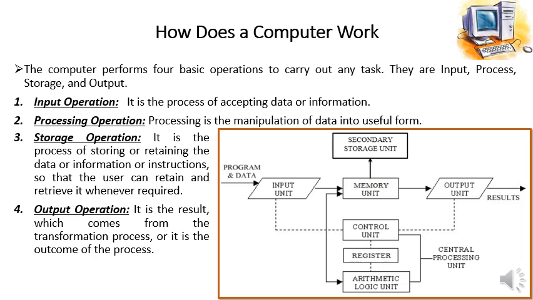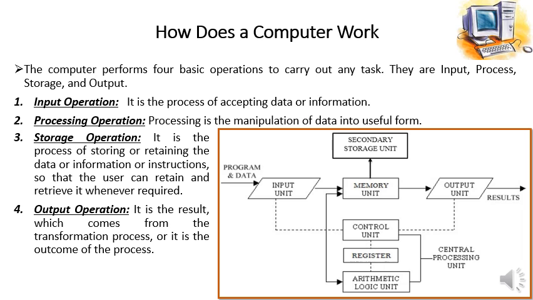If the instructions or the program or the data needs to be manipulated, or there are some arithmetic or logical operations required to be performed, so the data from the memory unit will be transferred to the arithmetic logic unit, which is actually the part of the CPU. Control unit, register, and arithmetic logic unit, these three are actually the microprocessor, or these are part of the central processing unit, CPU.